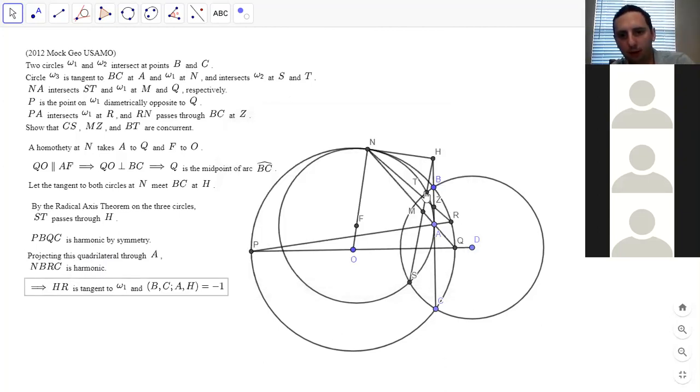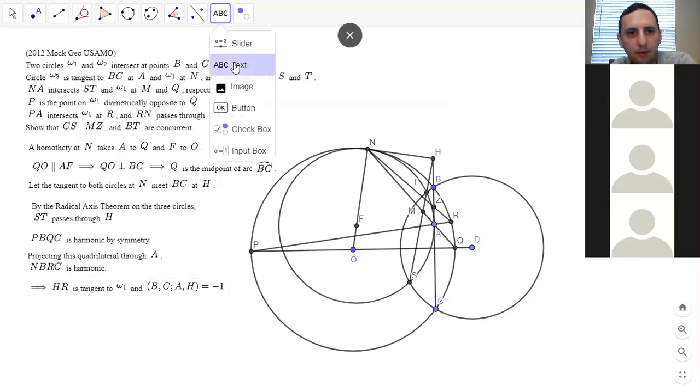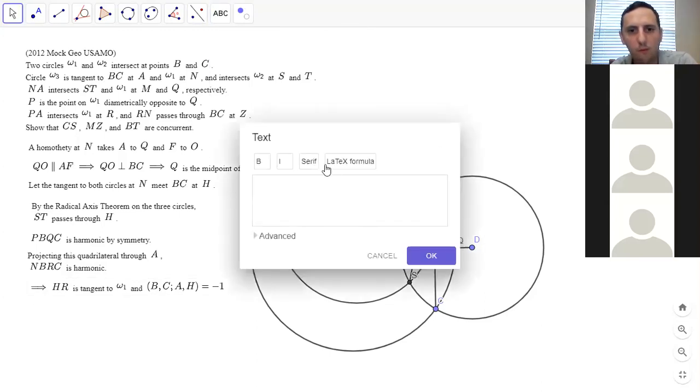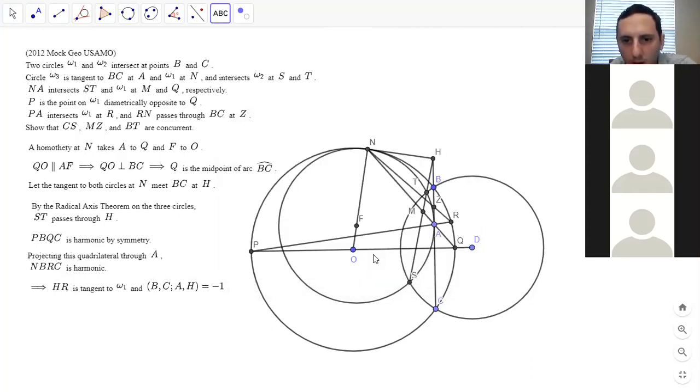And then we also know that TSMH is harmonic. How do we know that? Oh, because NTAS is harmonic. No, BCH, HZ.